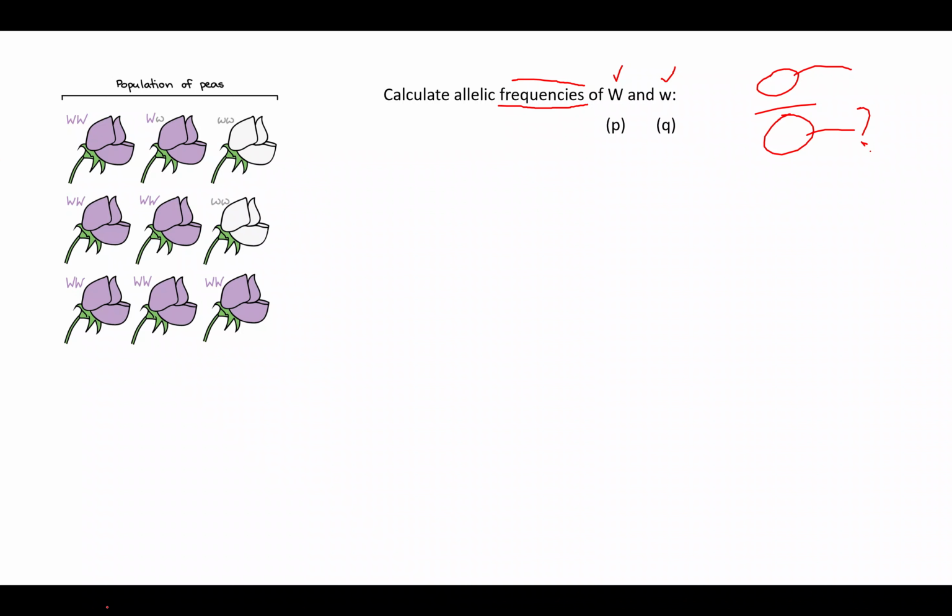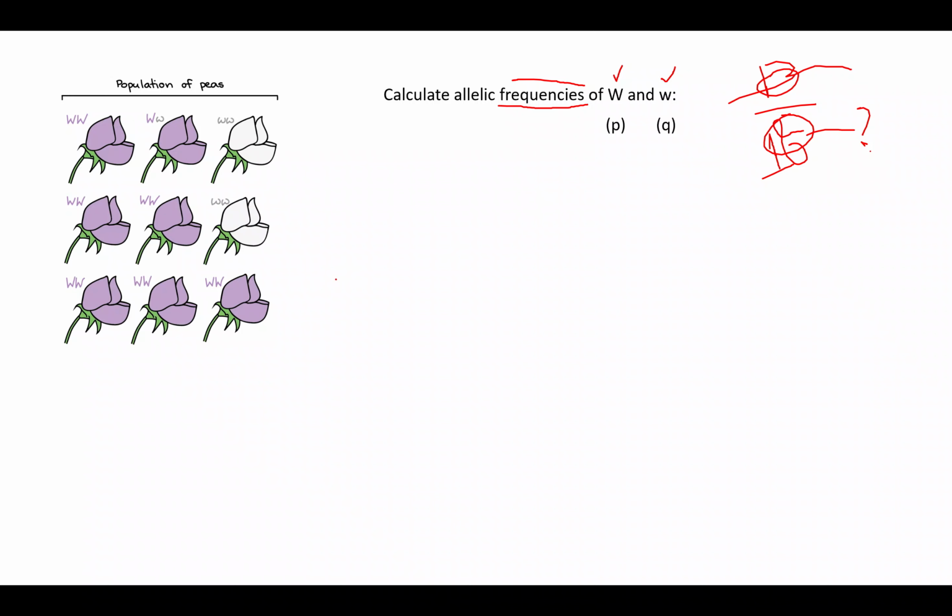Simply you can calculate: 1, 2, 3, 4, 5, 6, 7, 8, 9, 10, 11, 12, 13, 14, 15, 16, 17, 18. Simple. So we have a total of 18. Out of which, how many times is capital W present? 1, 2, 3, 4, 5, 6, 7, 8, 9, 10, 11, 12, 13.